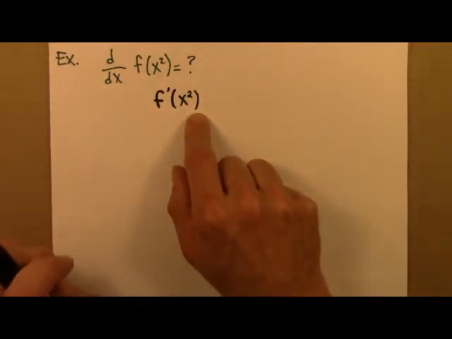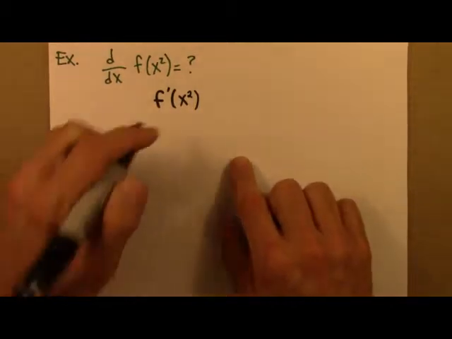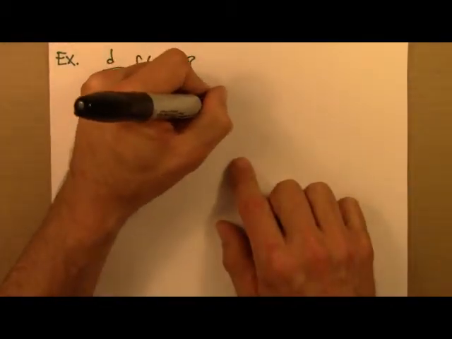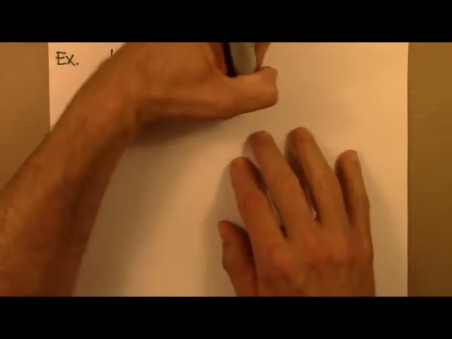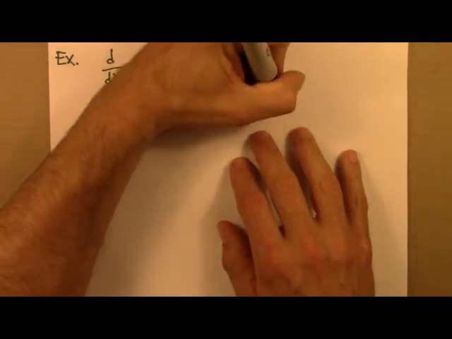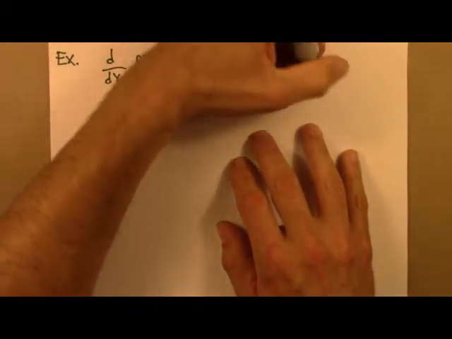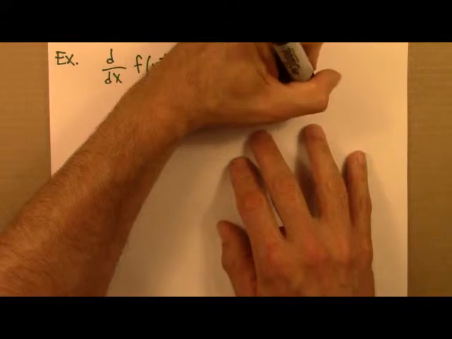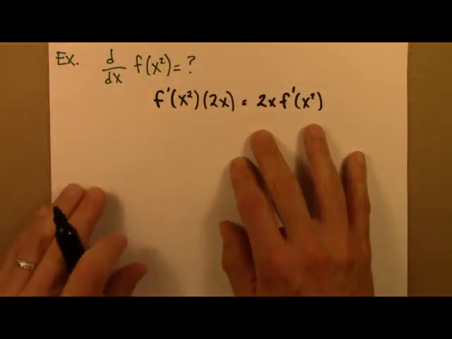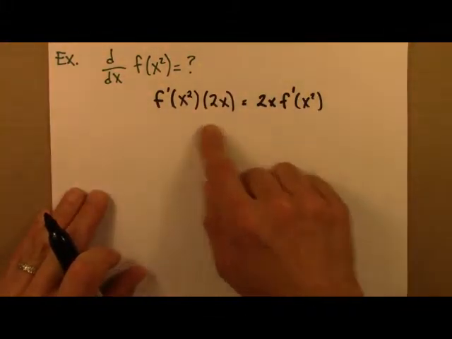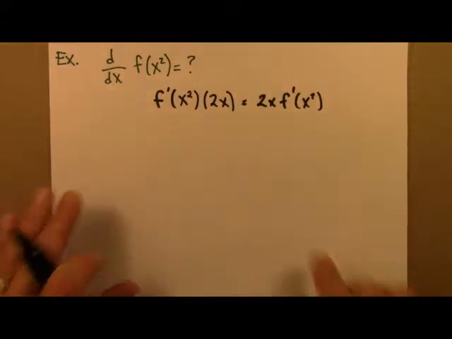Then I need to multiply that by the derivative of the inner function, which is 2x. So I could write this. This is 2x f prime of x squared. So this is a general result. This would be true for any f.